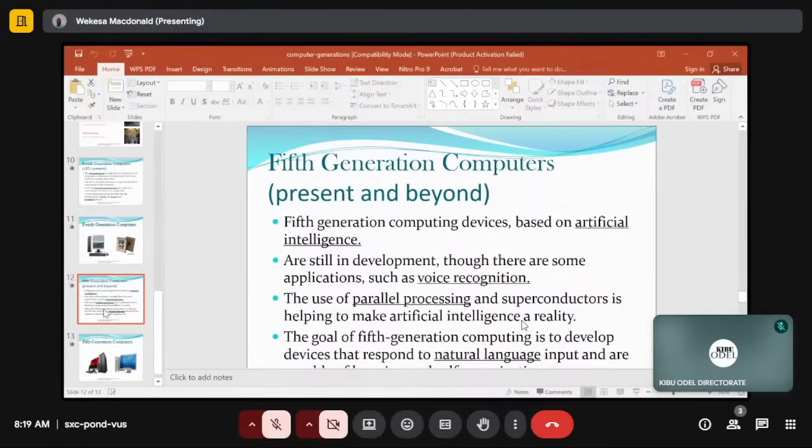Now tuko now the fifth generation, Gen Z. This is a Gen Z computer, okay? Generation 5, a fifth generation, which is present and beyond.